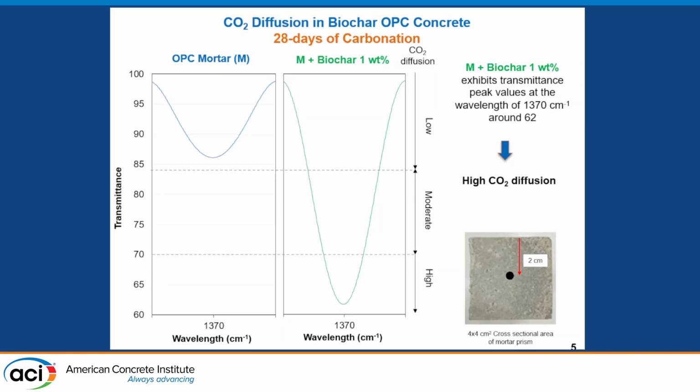Now, the CO3 characteristic peak that you see at the 1370 wavelength, pink for the plain mortar, you see that it's around 62, which, I'm sorry, for the carbonated, it's around 62, and this indicates a very high CO2 diffusion within the concrete matrix, so results were very encouraging from this initial test.